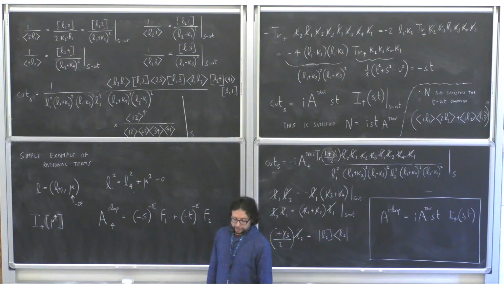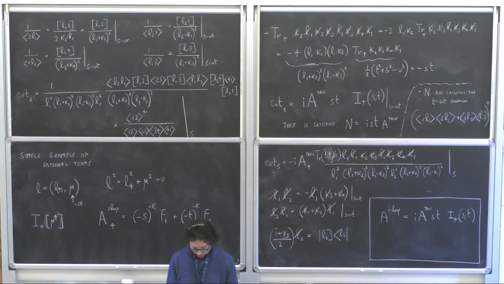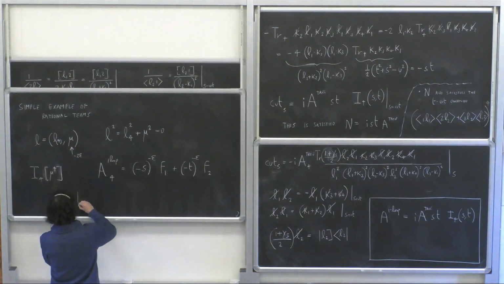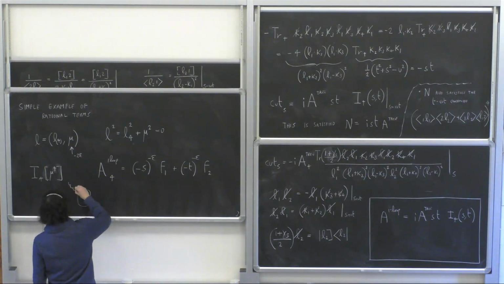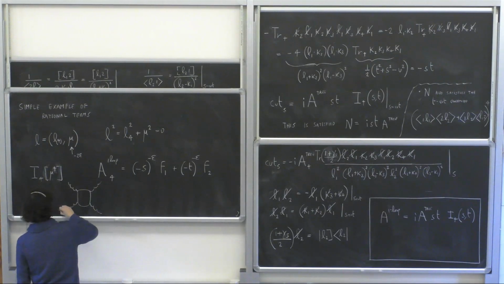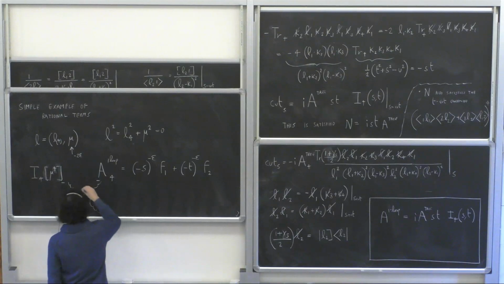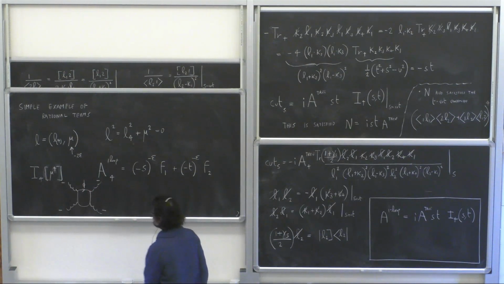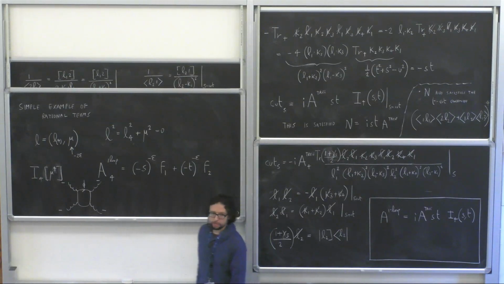So I have an explicit example about this in the notes, which unfortunately I will not be able to cover, but I would encourage all of you to look through that. Actually, the example is a helicity amplitude in which all helicities are the same, say a minus. And in the loop, we have a complex scalar circulating around. The tree-level amplitudes, you can see right away, in this particular case, in 4 dimensions, strictly speaking, are equal to 0.